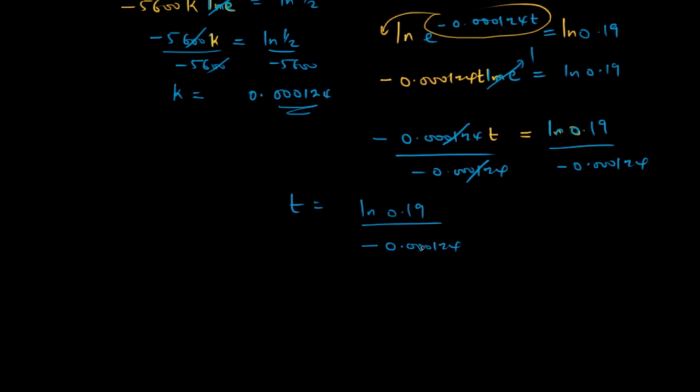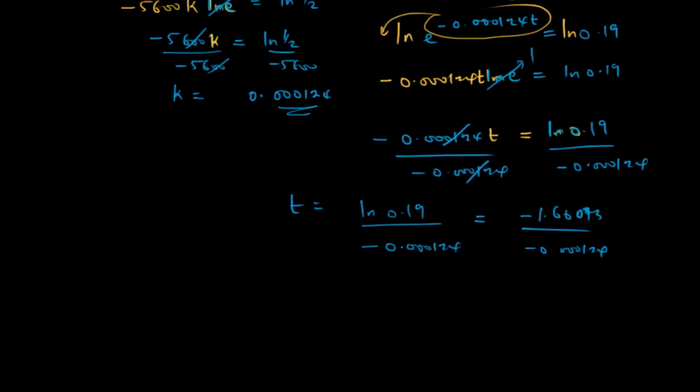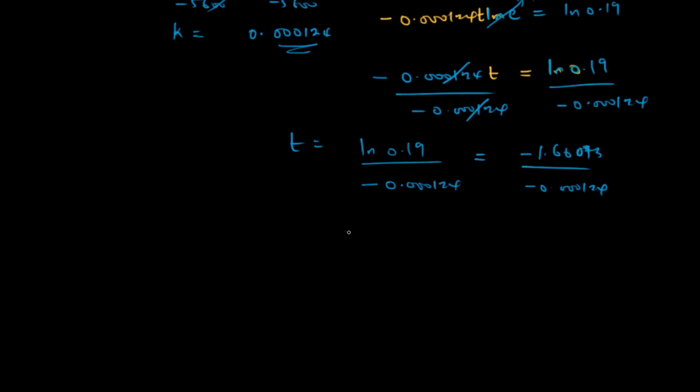When you punch your calculator for this, the ln of 0.19 should be negative 1.66073, divided by negative 0.000124, just to save time. That's why I'm doing this. And when you divide this, it's going to give you 13,393 years.